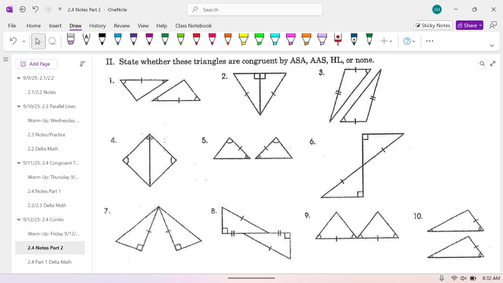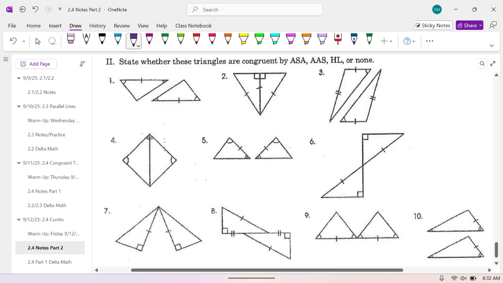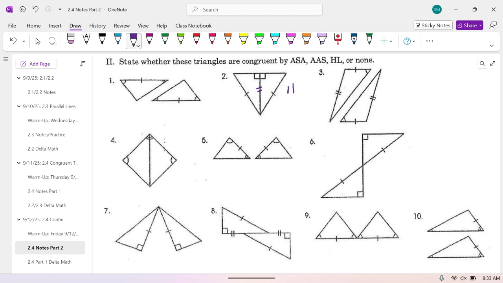It's technically SSA, but it's a special case. What's the special case called? Hypotenuse leg. They share this leg, so we can assume it's congruent. The hypotenuse, the side directly across from the right angle, is congruent, and of course, we have the right angle. So even though it is SSA, we call it hypotenuse leg.